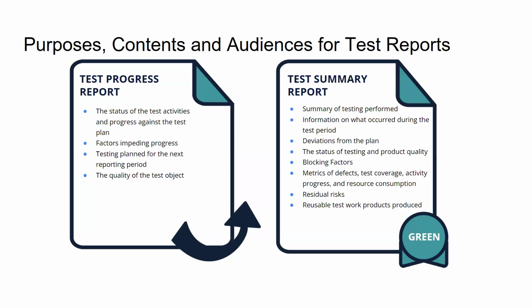And reusable test work products produced. If we create some kind of automation suite for this specific software, we can say, okay, we can reuse this when you are building another feature for this application. We can reuse this part that we created in this stage, right? Those kinds of details we can include.